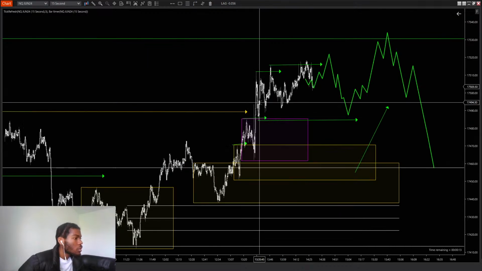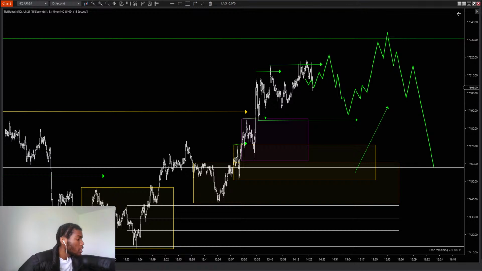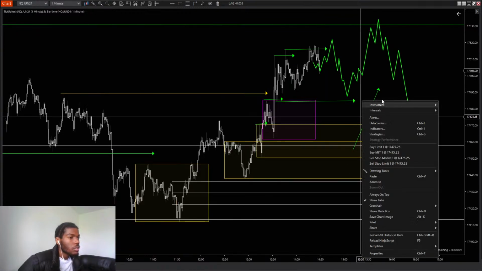What does that zone look like? Okay, cool. Yeah, I'm just overanalyzing. Never mind it.